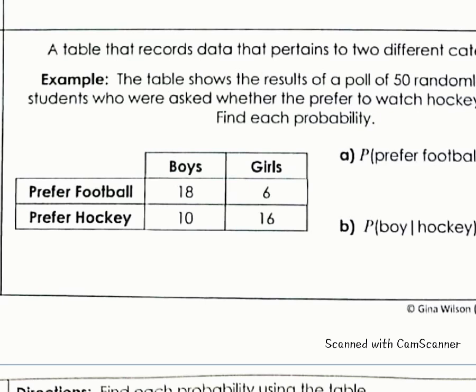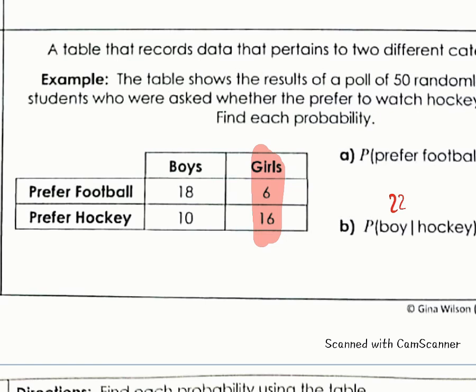Remember, our focus has to be the given that, right? So this is how we narrow down our data. It's given that they're a girl. So what group am I focused on right now? I'm only focused on the girls. So what's my bottom number if I'm only focused on that group? 22.